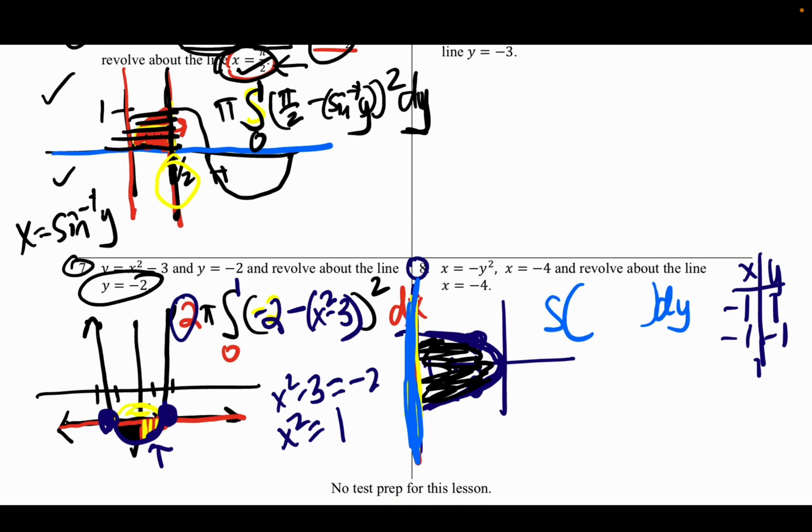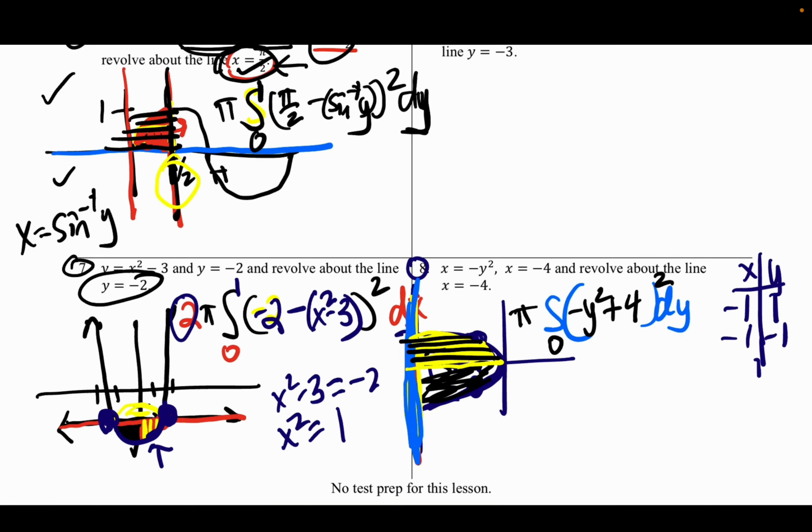Okay, so I had this. I want this part. So I'm doing it perpendicular to the axis I'm revolving around. So I'm climbing up like this, just going up like this. So like I said, that's going to be pi times negative y squared minus negative 4, squared.